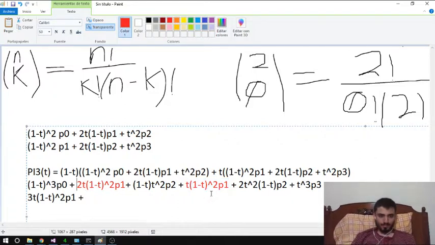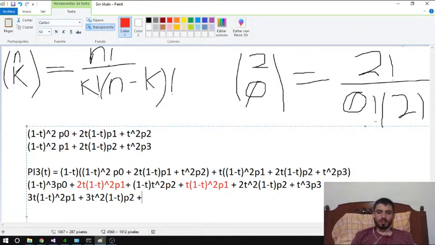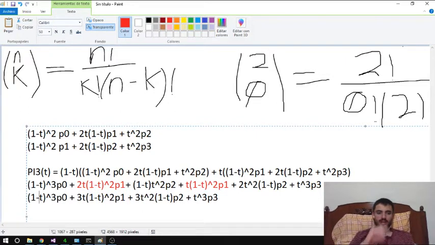So now we have 3t squared (1 minus t) p2, and then in the other parts we have t cubed p3 and (1 minus t) cubed p0, and there you go. So as you can see, we have the same polynomial.